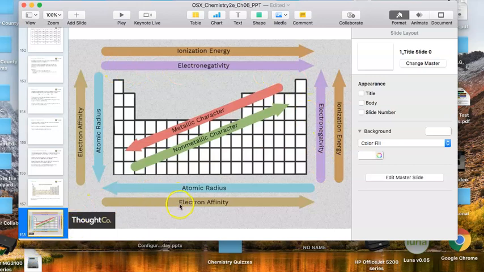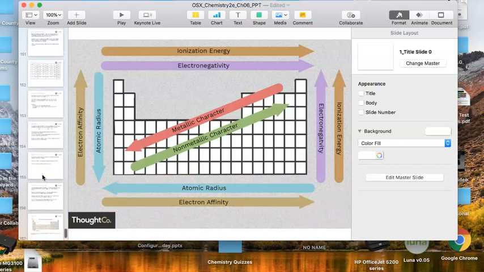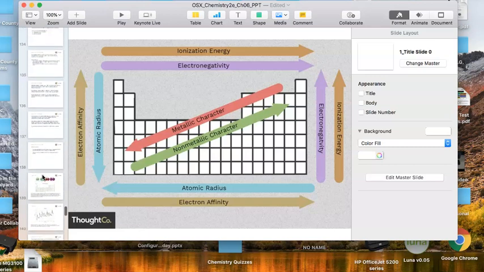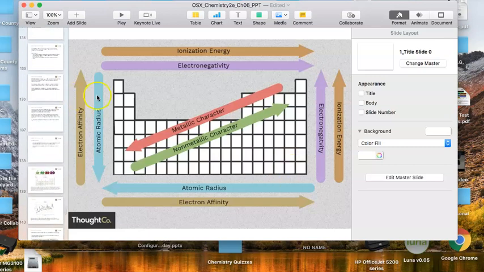If you have these on your periodic table, you can use them to study from, but you really need to memorize them, because I will not let you have periodic trends sketched on your periodic table when you come in for the test. So just keep that in mind, that you have to memorize the trends. Now, I'm going to explain to you why the trends are what they are.